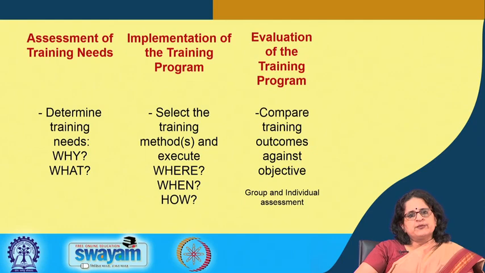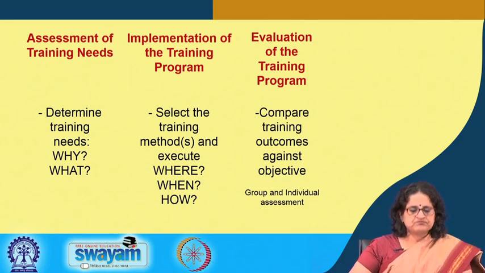Then there is the implementation of the training program, which is to select the method and execute it: where will the training take place, when and how, who would be the trainees, who would be the trainers. And then the program has to be evaluated to determine its effectiveness, comparing the training outcomes against the objectives. So both group and individual assessments need to be made.